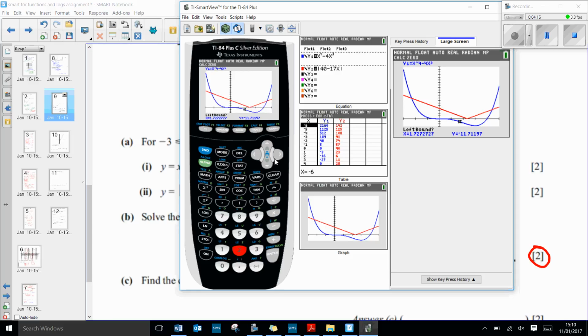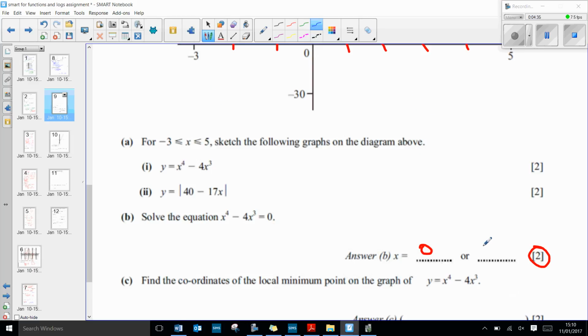So scoot over. So it has to just be near to the point where it crosses the x-axis. So left bound, enter. Then it has to go to the right, enter. The guesses, and then 0, 4. So our solution would be 4.